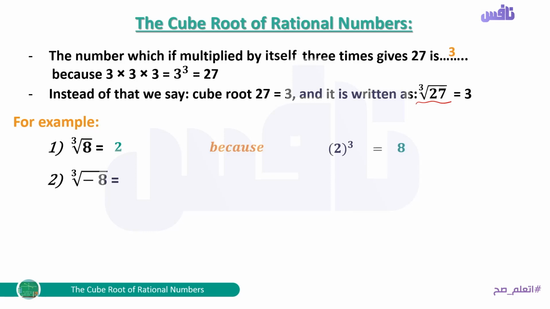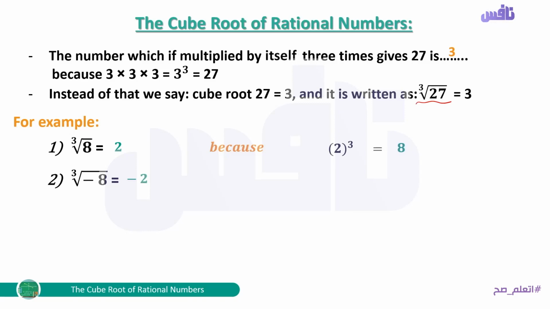Number 2, cubic root negative 8. First, before the answer appears, I want people to think: what does cubic root negative 8 mean? I am asking you about the number which, if multiplied by itself 3 times, gives negative 8. This number is negative 2 because negative 2 times negative 2 times negative 2 equals negative 8.